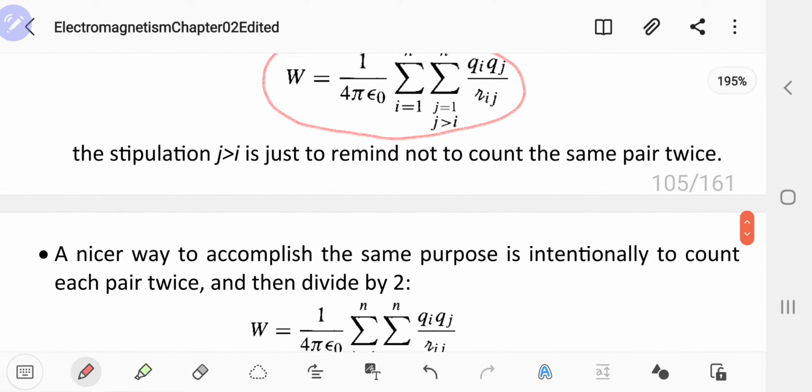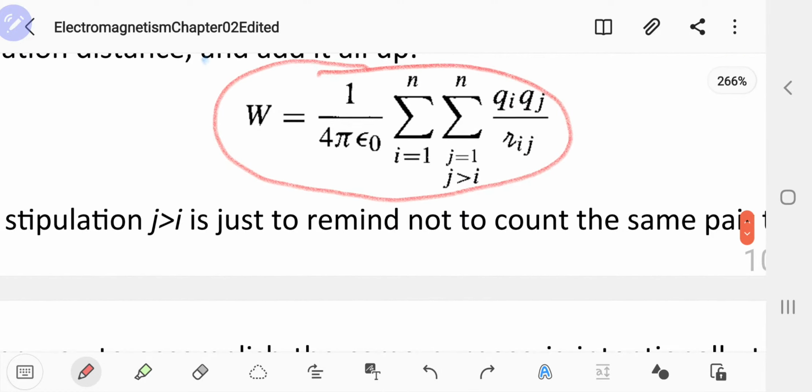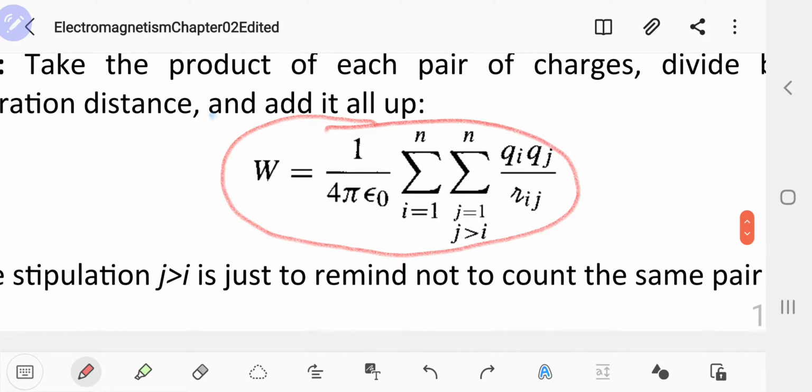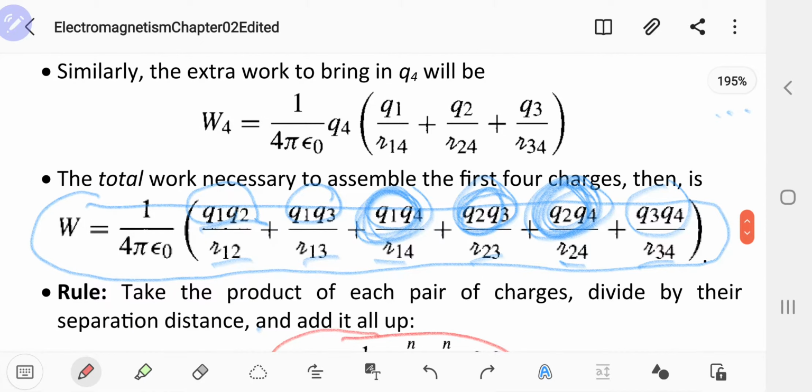That's the work that you'll be able to do if you assemble n charges. Here you have i going from 1 to n, and j going from 1 to n. But take note, there's another condition that j should be greater than i, just like in this expression.